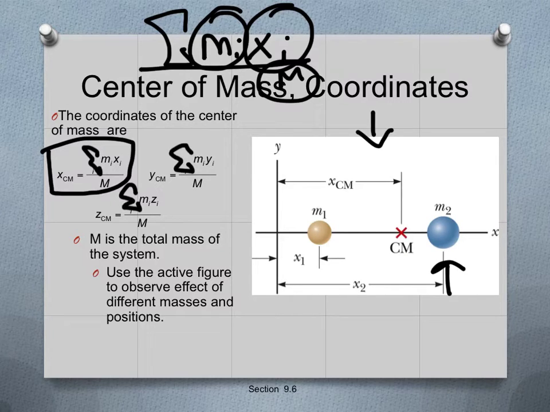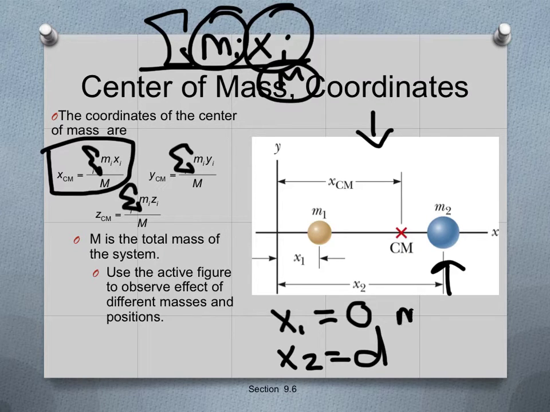Let's say that we want to calculate the center of mass here. So let's say that x1 is going to be at a distance of 0. And then let's say that x2 is going to be at a position that we'll just call d, some displacement.